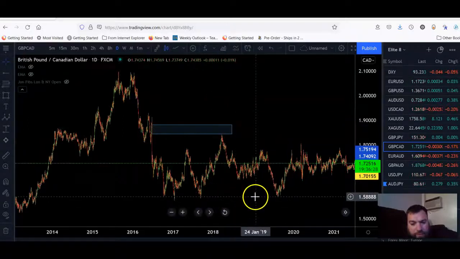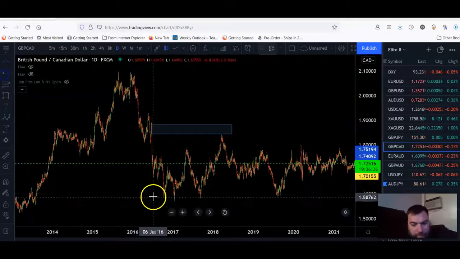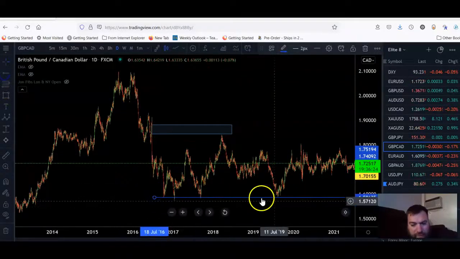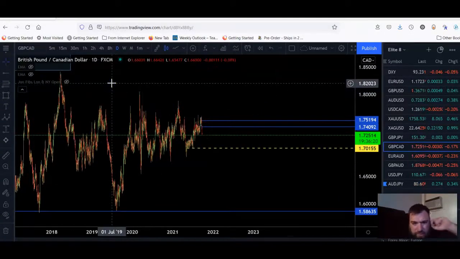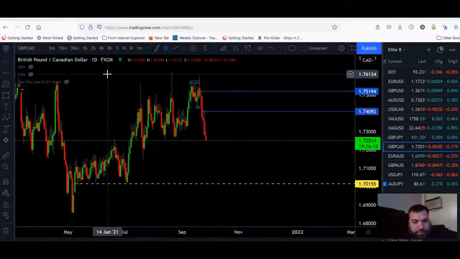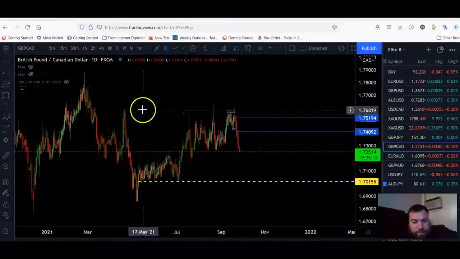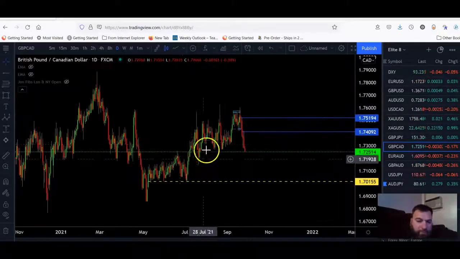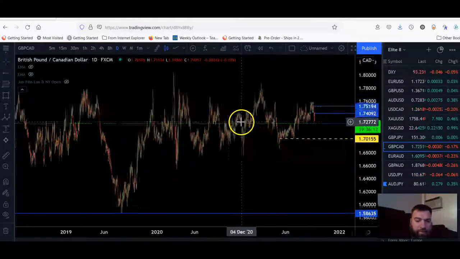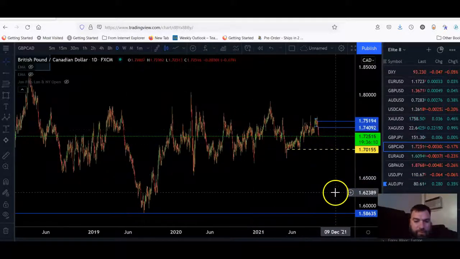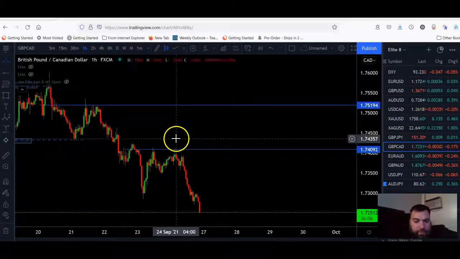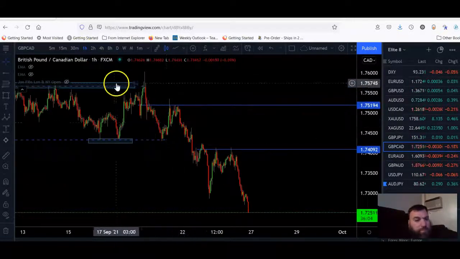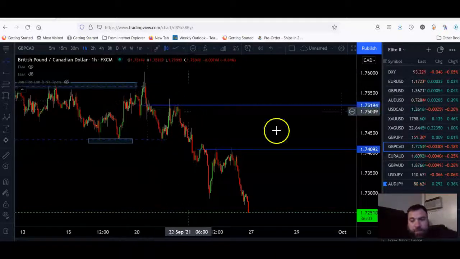Then you have these equal lows right here. It's on the daily. But this looks like kind of a flag right here. Let's see what happens. But this was a great setup right here. Okay.